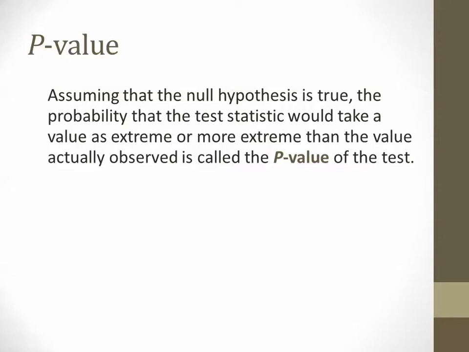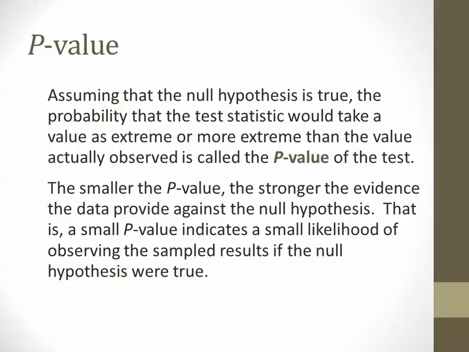In other words, put that on our curve and then see what is the probability in that tail. And we call that probability the p-value. The smaller the p-value, in other words, the less the probability that we could get that extreme, the stronger the evidence against the null hypothesis.